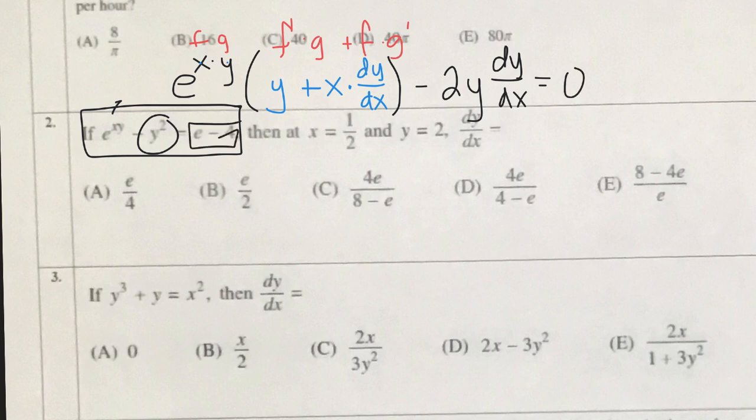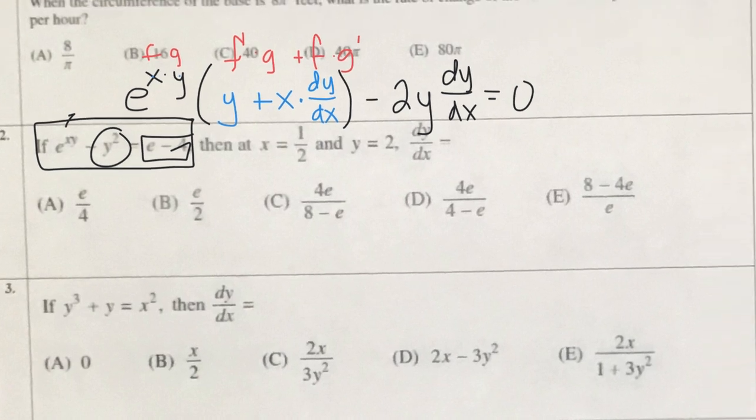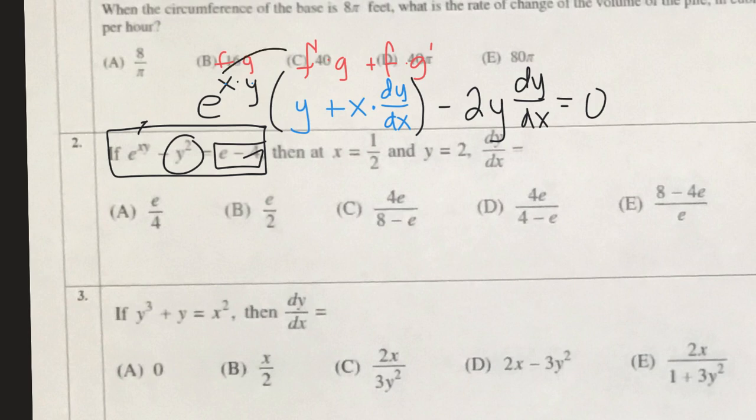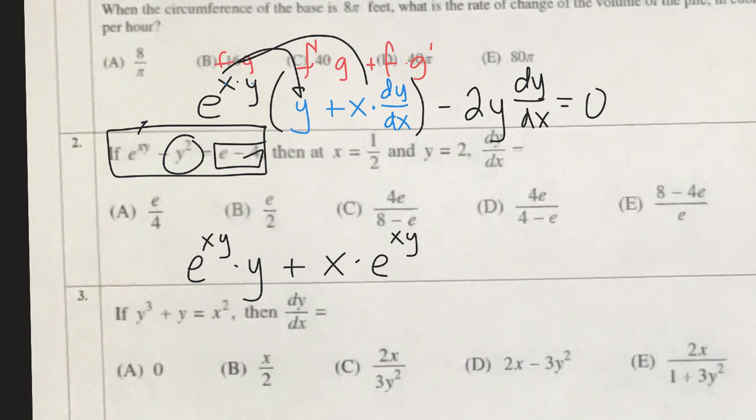We want to find dy/dx, so let's do a little bit of distributing real quick. Let's multiply these into both. So I have e to the xy times y plus x times e to the xy times dy/dx minus 2y dy/dx equals 0.